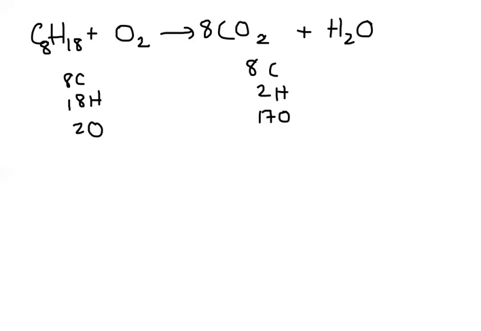What do we have to do to balance out the hydrogens here? Multiply what by 9? H2O. So we need 9 H2Os, which is going to change our number of hydrogens to 18 and our number of oxygens to 25, because we now have 8 times 2, 16, plus 9 more, which is 25 oxygens.